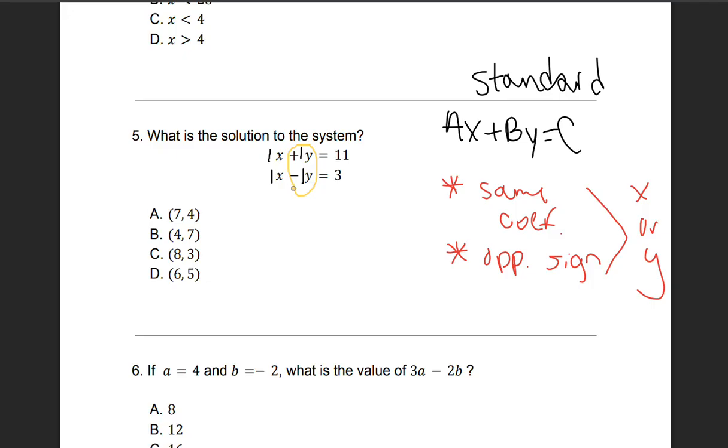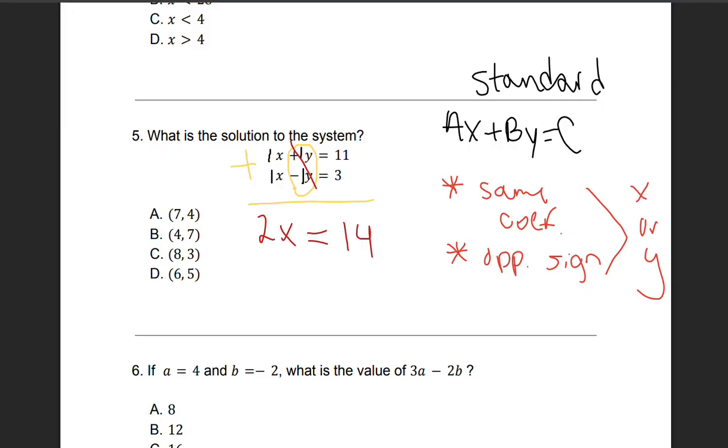To do that, we are going to combine my equations vertically. Well, on the left here, 1 and 1 will give me a 2x. 1 minus 1, or 1 plus a negative 1, is 0. It cancels. And 11 plus 3 is 14.